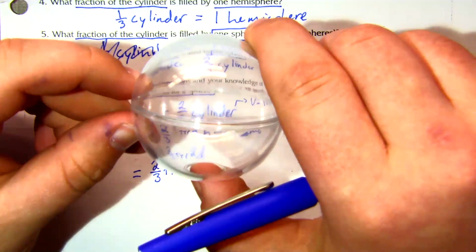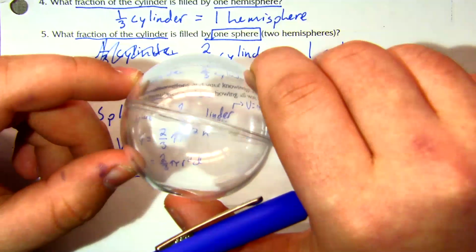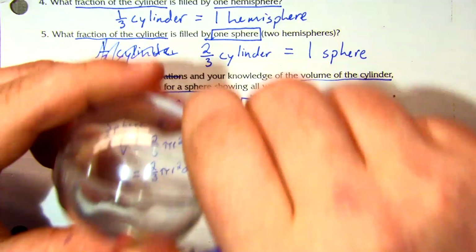How many radiuses does it take to make a diameter? 2. Exactly.